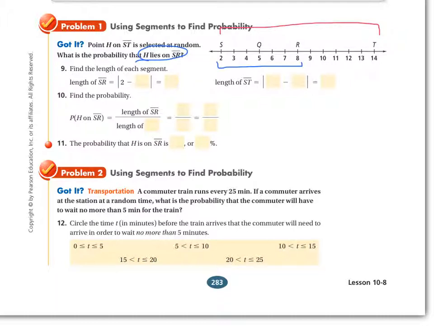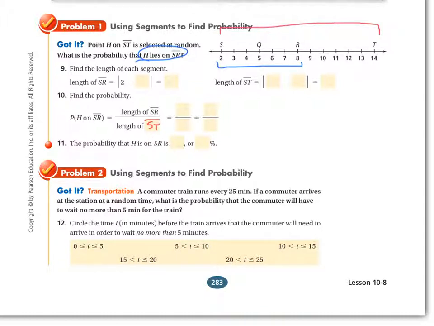Yeah, so the favorable region, that's why they've got the length of SR here. The favorable region's SR, and the total region is what? ST. So we've got ST here, the distance from S to T.